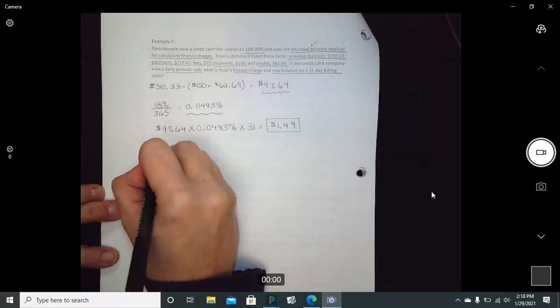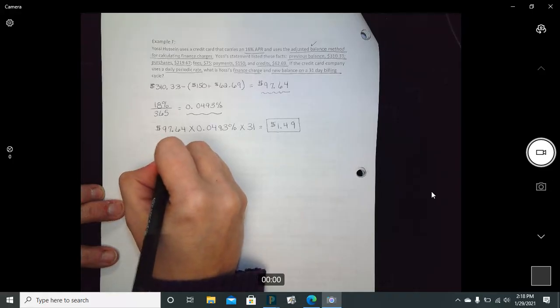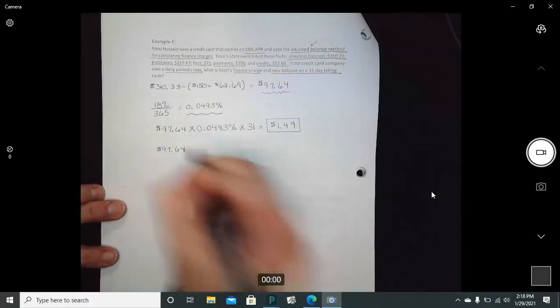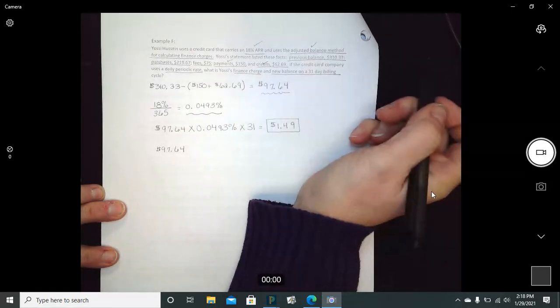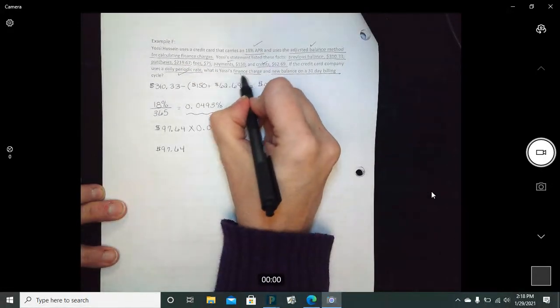The new balance. Well, I'm going to start out with the adjusted balance because I've already done the payments and the credits. I've already used 18%, I already know the daily periodic rate, and I already found my finance charge. So now I need to find my new balance.